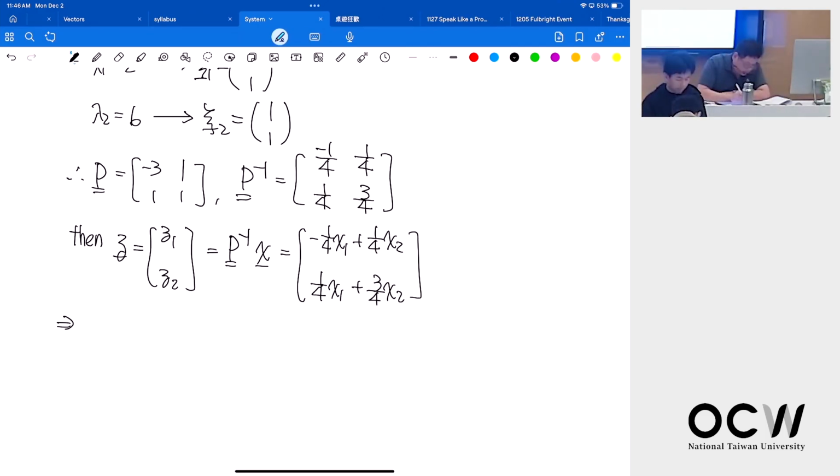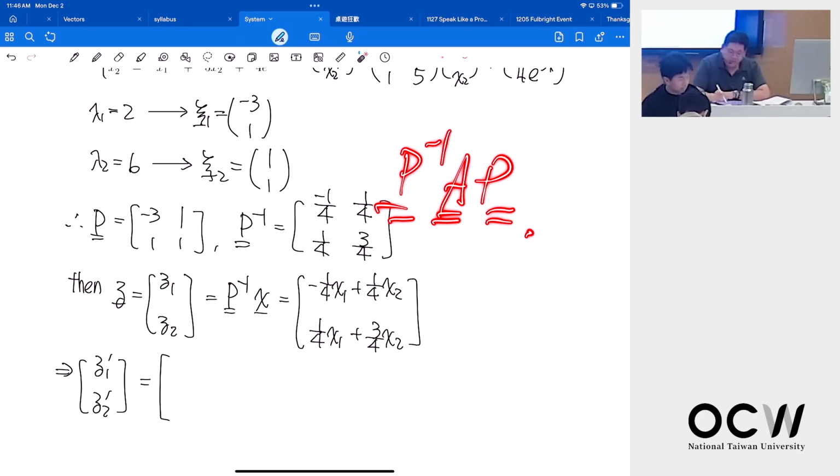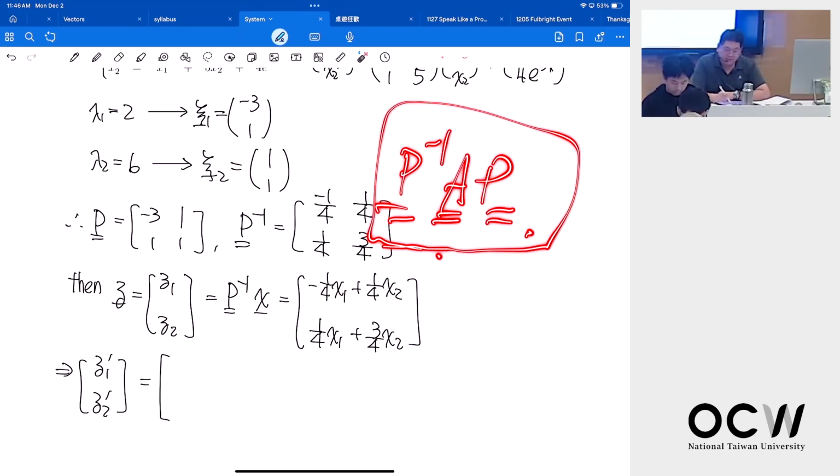So you get z1 prime, z2 prime equals P inverse A P. Do you really need to do this multiplication? No, because we know this is a diagonal matrix and the elements are the eigenvalues.